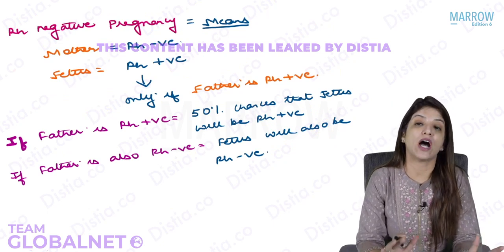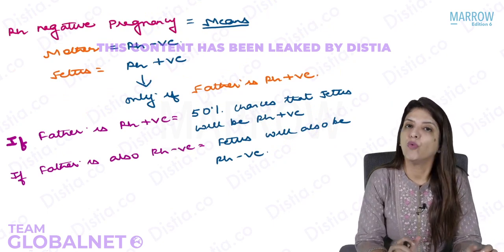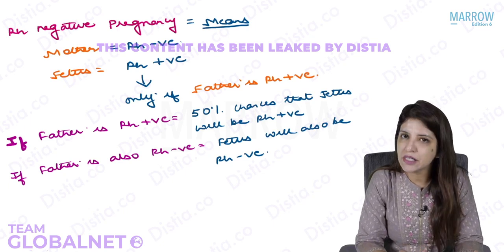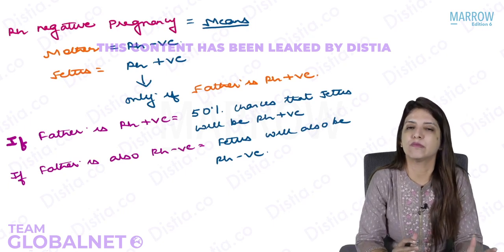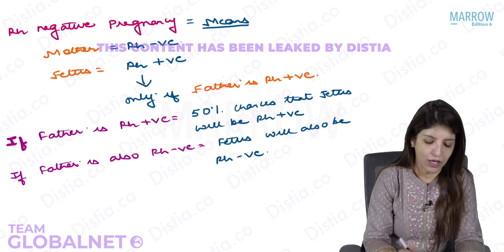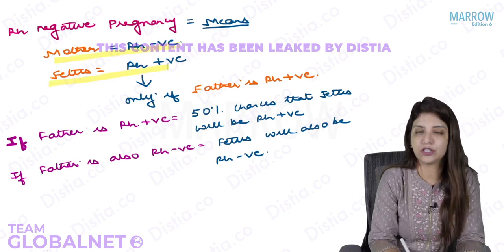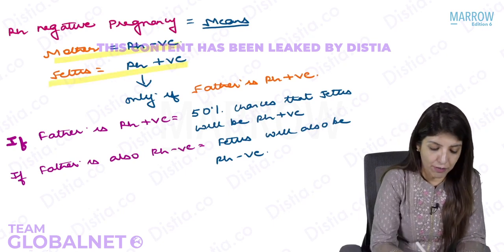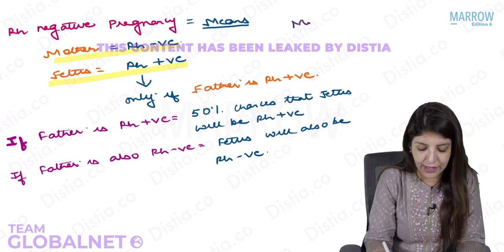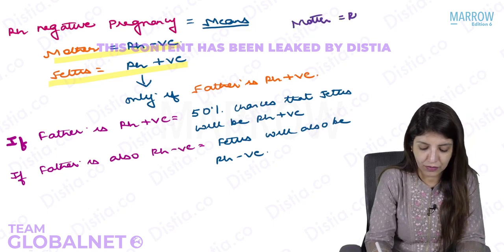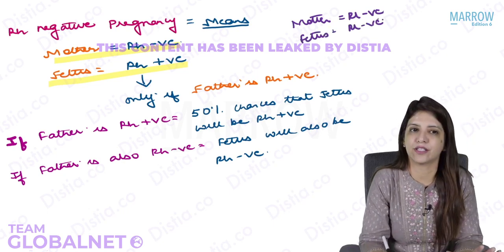Now, let's talk about Rh negative pregnancy. What does Rh negative pregnancy mean? Rh negative pregnancy means mother is Rh negative, fetus is Rh positive. Remember, if mother is Rh negative and fetus is also Rh negative, then this is not a high-risk pregnancy.